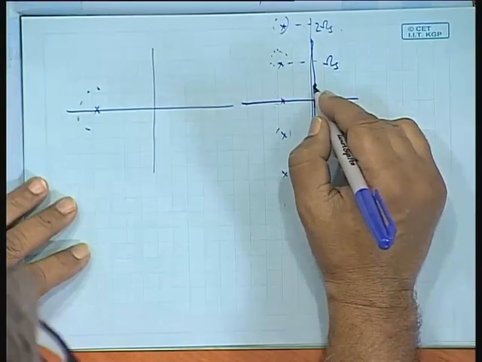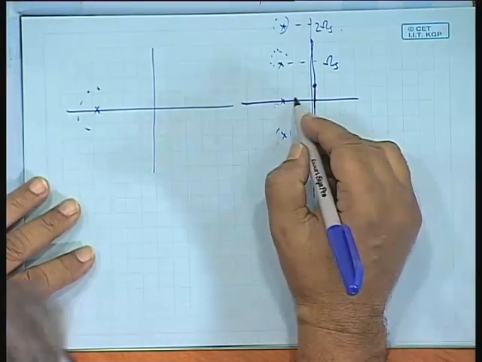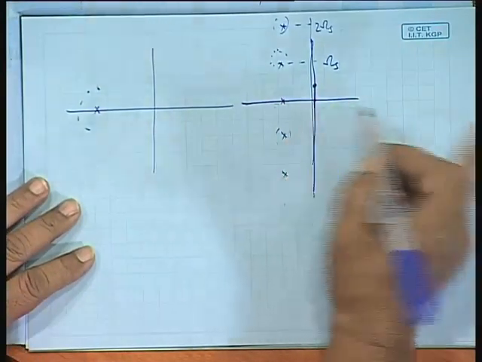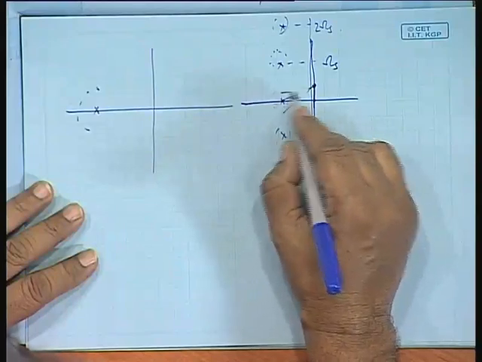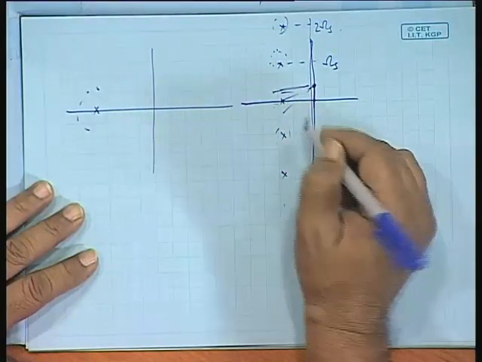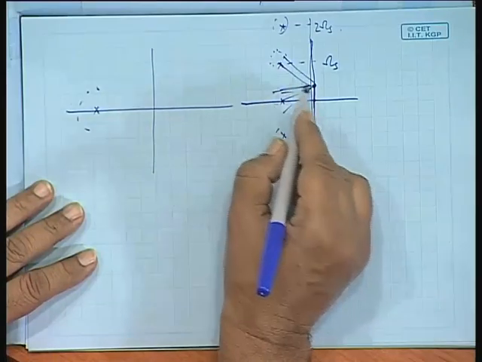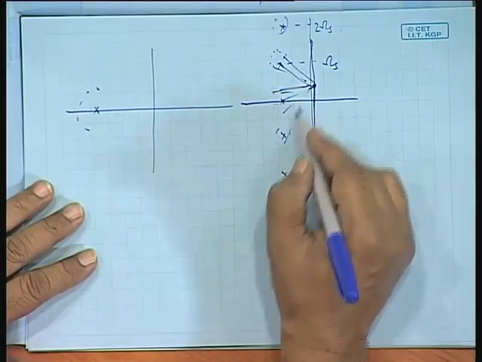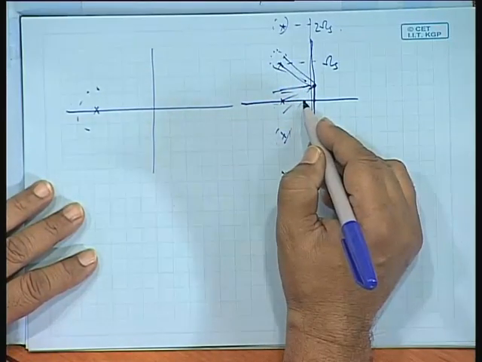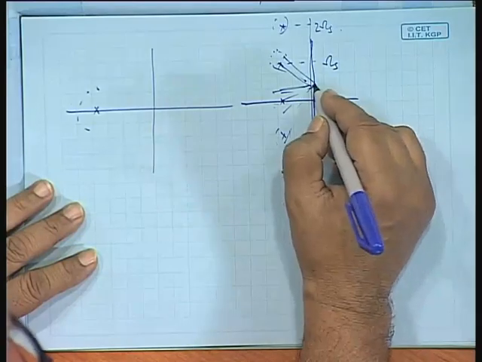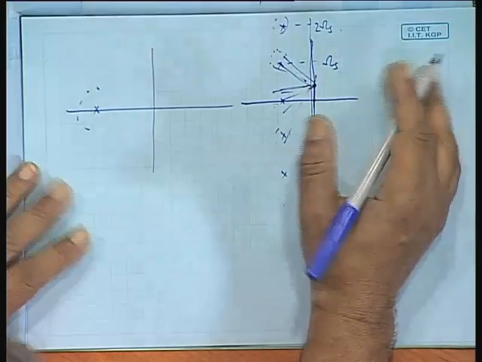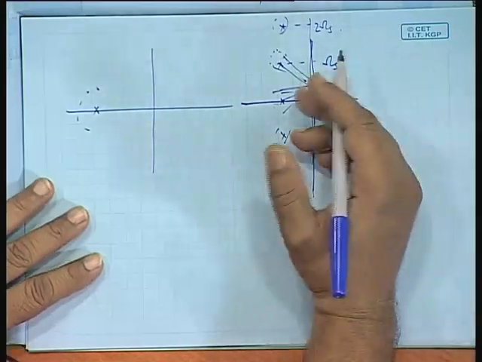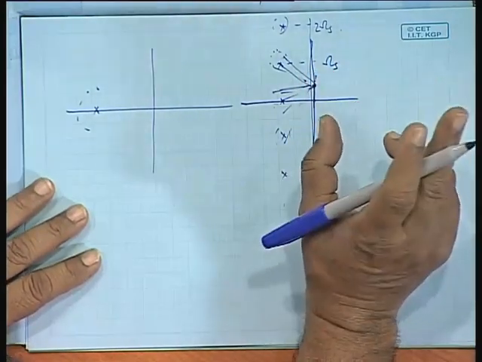Now, at any point, if I want to find out the magnitude in the discrete domain, then all such distances of poles and zeros will have to be taken. But then these distances will also influence, all right. So, at any frequency, if you consider the distances of poles and zeros and take the ratio of the products, that will decide the magnitude.